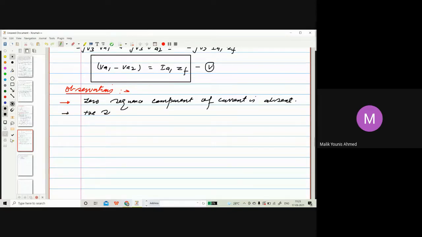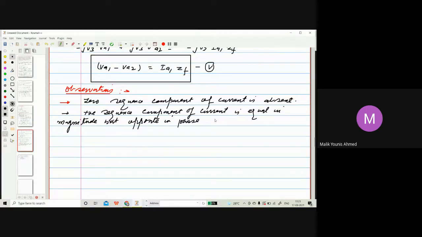Positive sequence component of current is equal in magnitude but opposite in phase to negative sequence component of current.